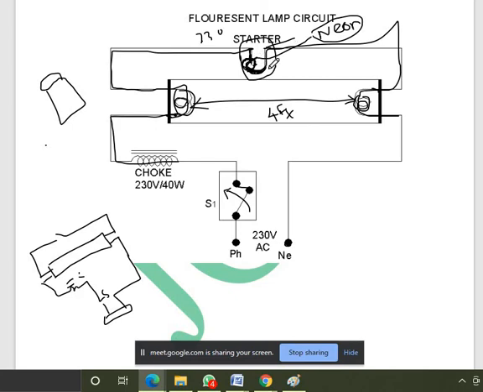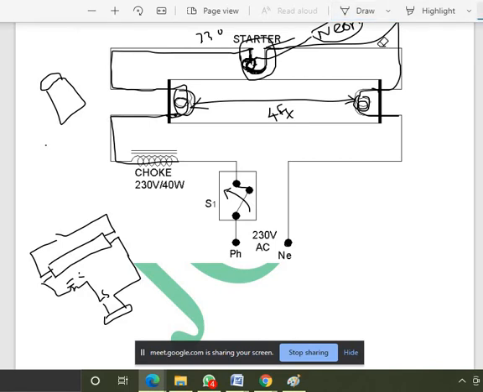Any material that is heated expands, and here the bimetallic strip is very thin, so it bends quickly and touches the fixed contact. At that time the circuit is closed.